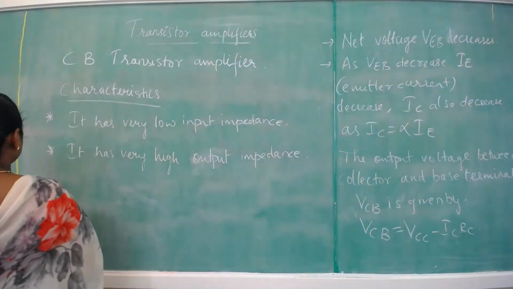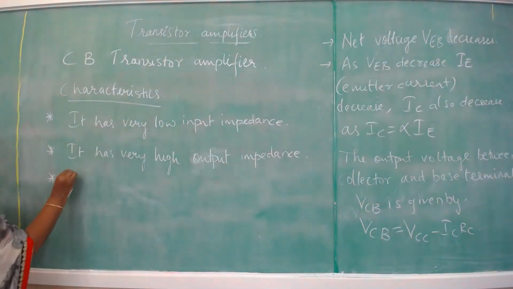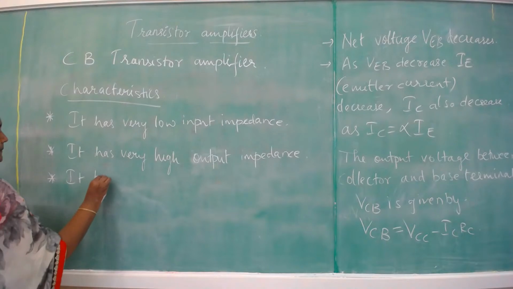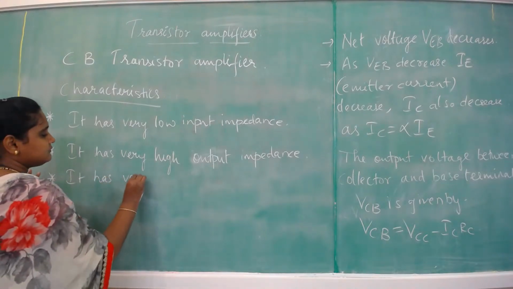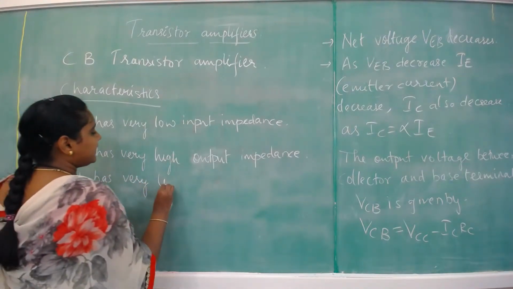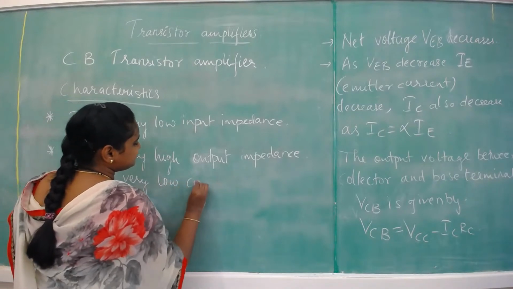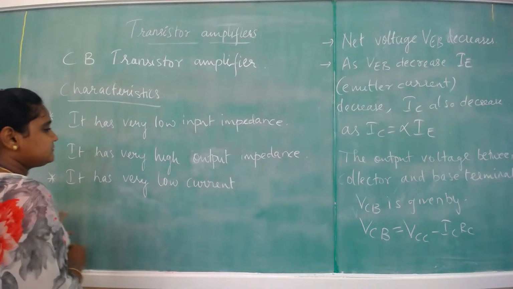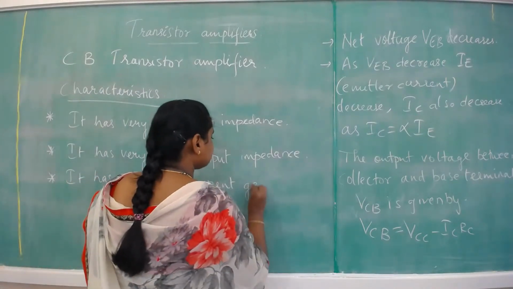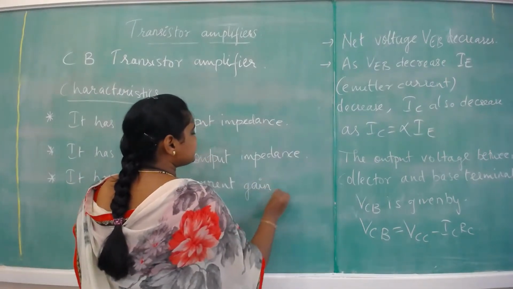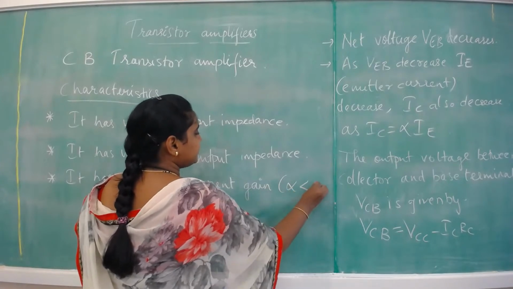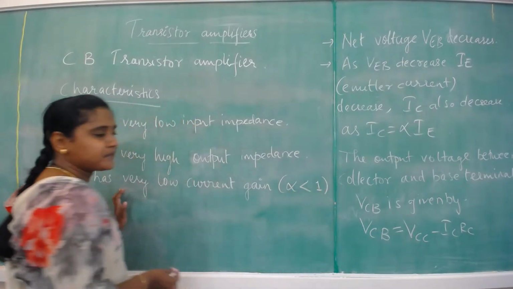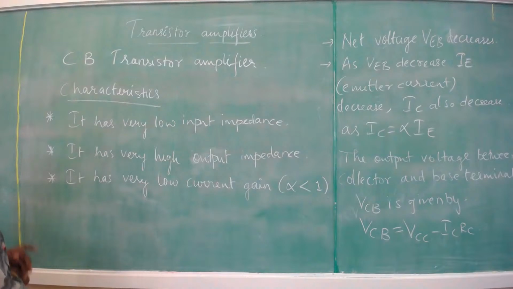Next, it has very low current gain. Current gain is very less, and that is represented by alpha, which is less than 1.